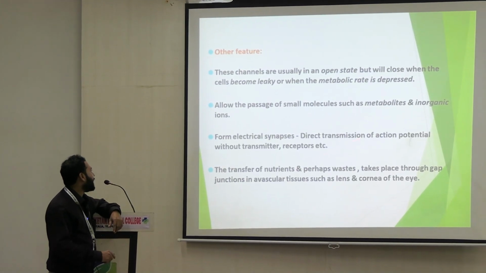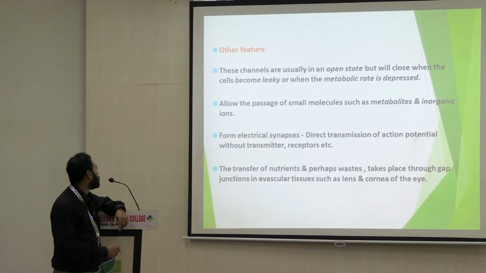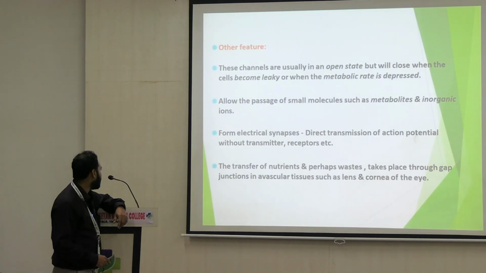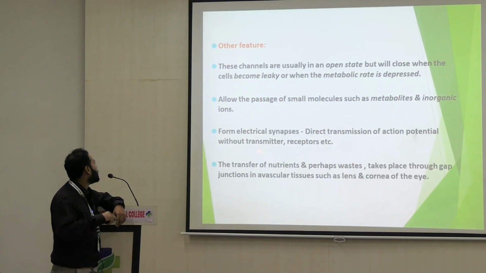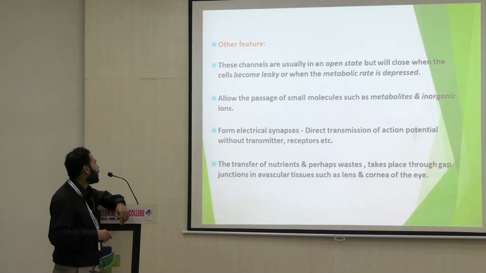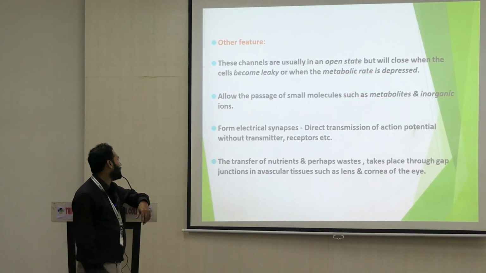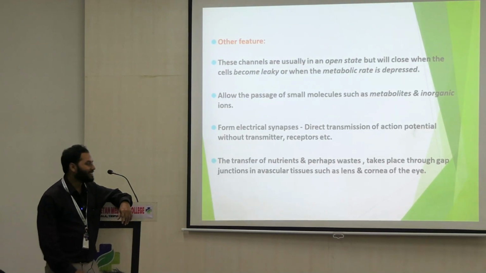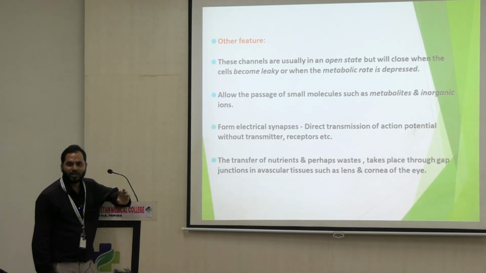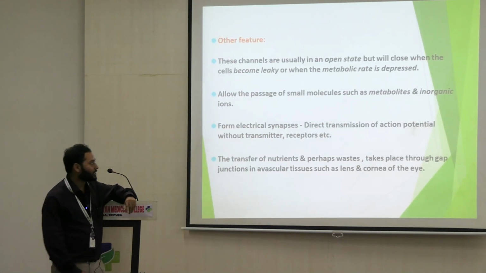It means it directs the transmission of action potentials without any transmitter or receptor. The transfer of different types of nutrients along with some waste materials takes place through the gap junctions in avascular tissue such as the lens and cornea of the eye. So these are some important features related to gap junctions.